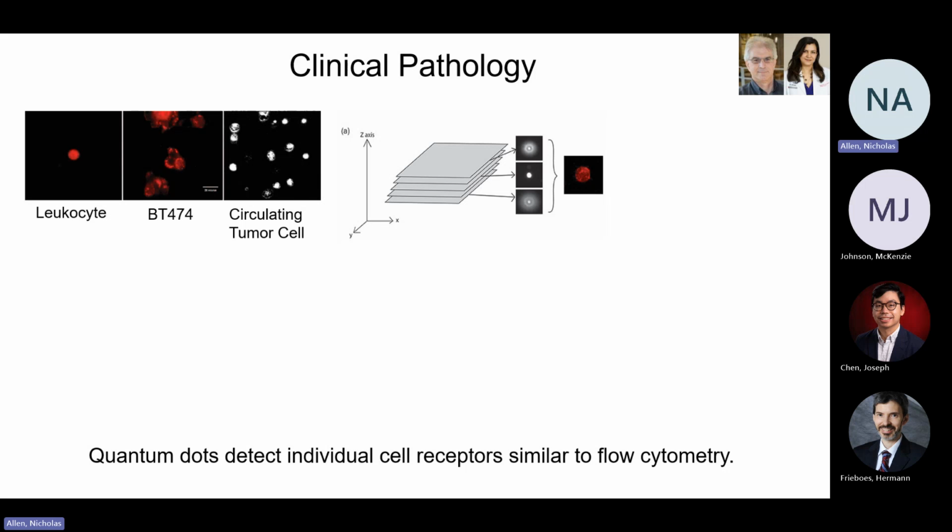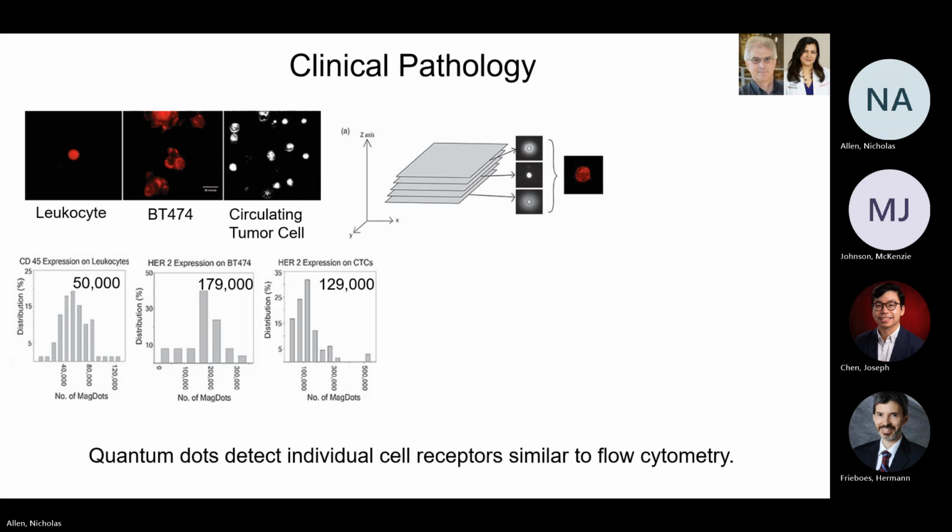We had to develop some image analysis technology to quantify the expression of this receptor with our labels. Then we generate histograms very similar to what you would get from a flow cytometer, showing the number of particles versus the percent of cells that have that level of fluorescence. So this correlates to the number of receptors.